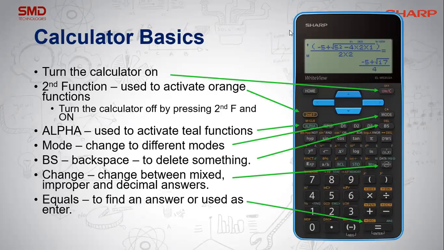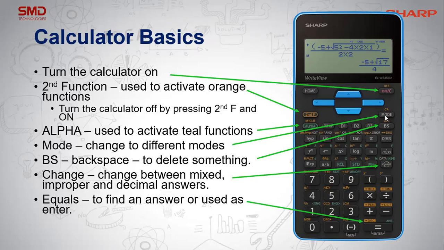So some quick basics here. We've got the on button. We've got the second function button, which is this orange one here, and that just gives you access to all of the orange functions. You have your alpha button, which is this blue key here, and that accesses your statistics and your memory keys.